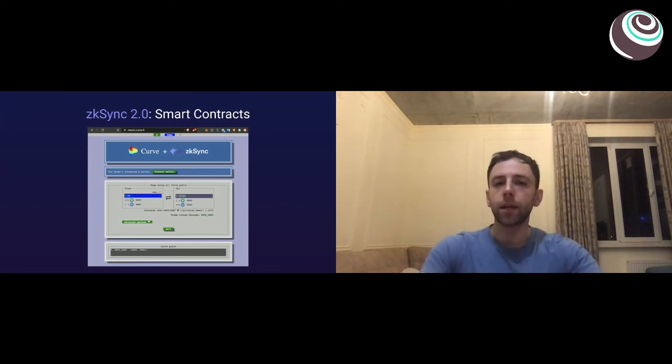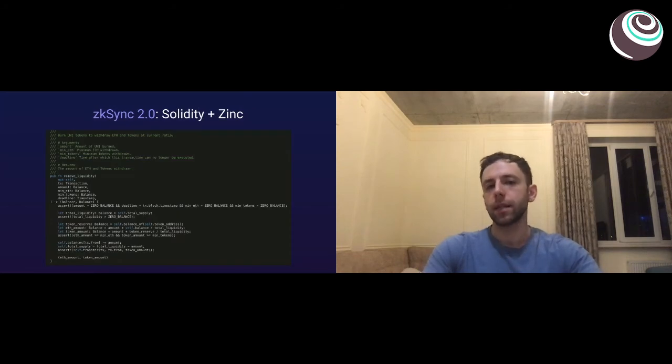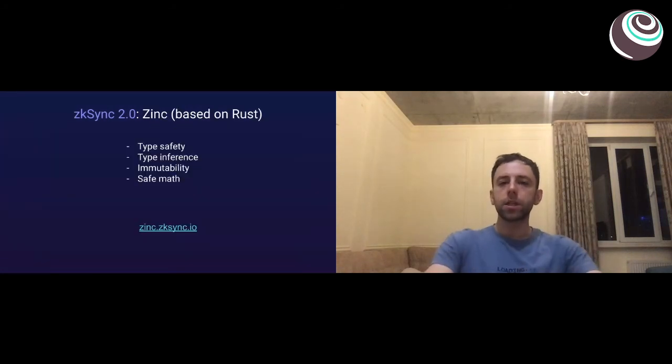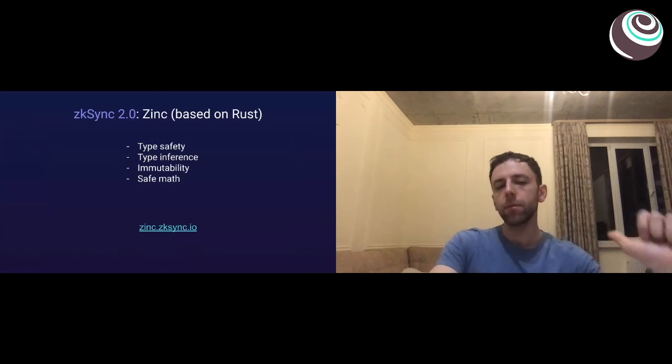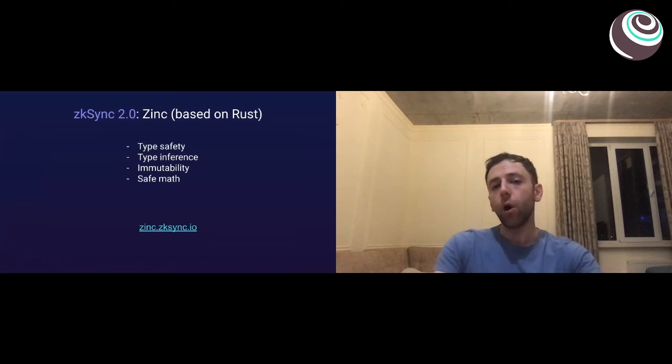So what is Zinc? As I said, zkSync 2.0 will support contracts written both in Solidity and in Zinc, and, at least in the beginning, in order to port Solidity contracts, you will need to transpile them into Zinc, which is a Rust-based language, which features type safety, type inference, immutability, safe math, essentially all the nice things from Rust, all the things people love in Rust.